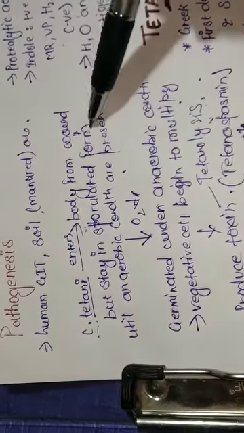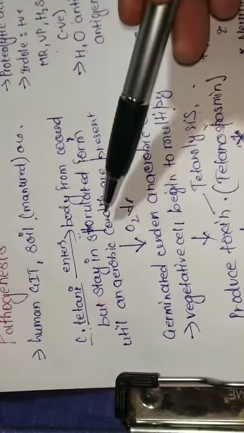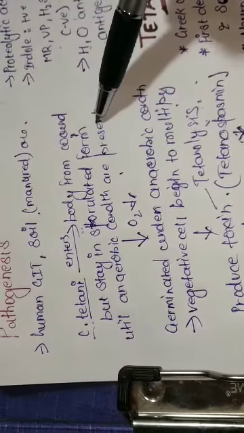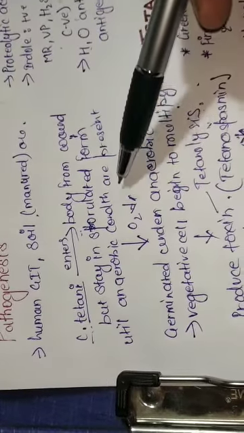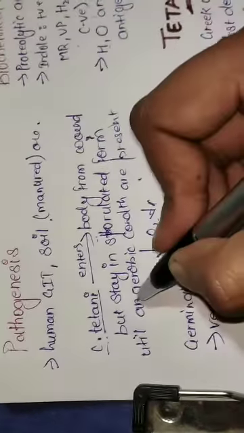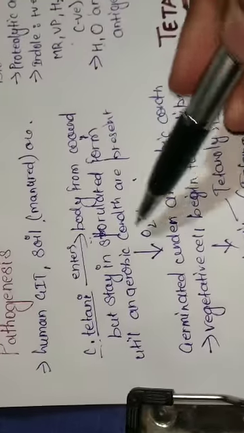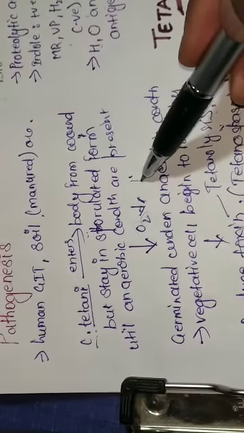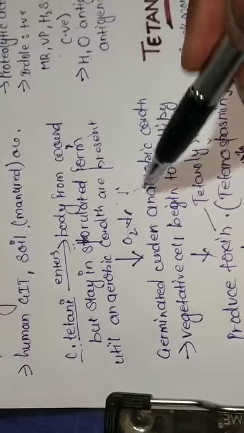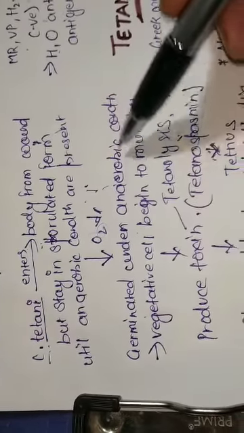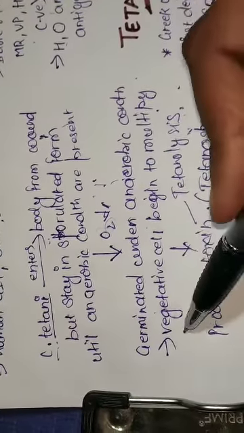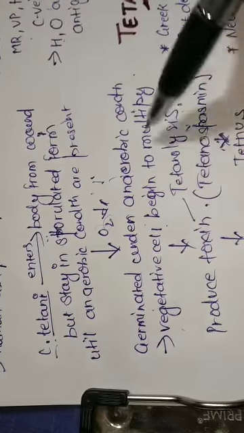Once again I will repeat here. Once the Clostridium tetani enters the body from a wound, it will stay in a sporulated form until anaerobic conditions are present. But once the oxygen level decreases, it germinates under the anaerobic condition into vegetative cells and begins to multiply.